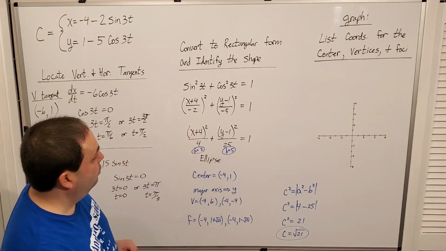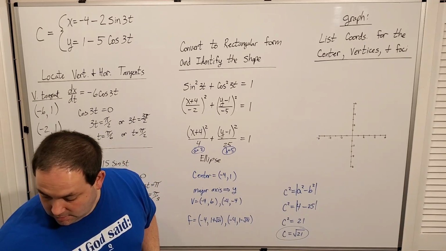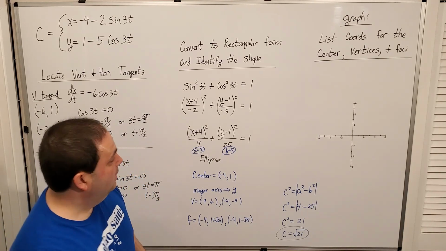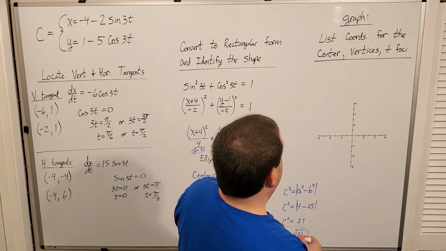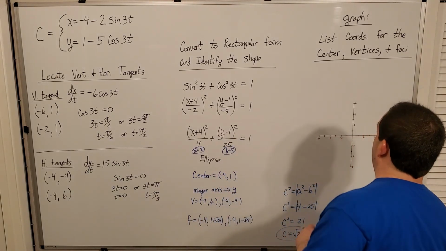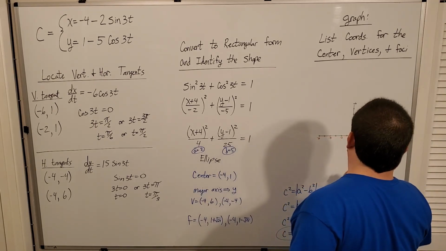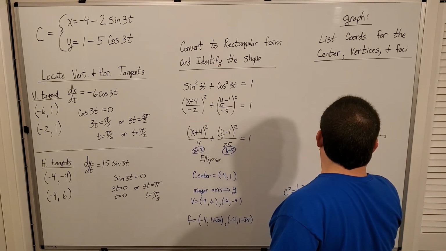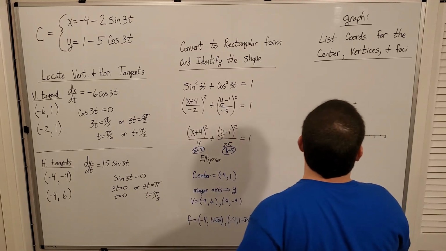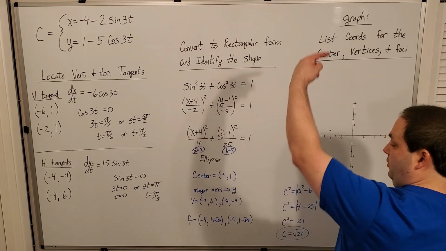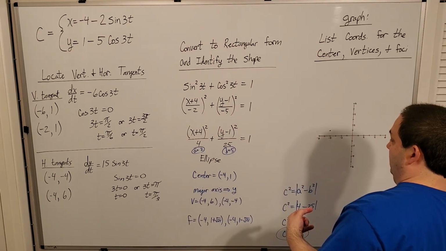We know what shape we're supposed to be graphing. Let's go ahead and dig in to doing that graph now, right? The center is at negative 4, 1. So right here. Okay, let's go ahead and do the major vertices here.